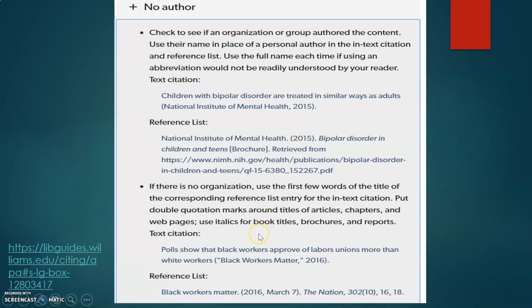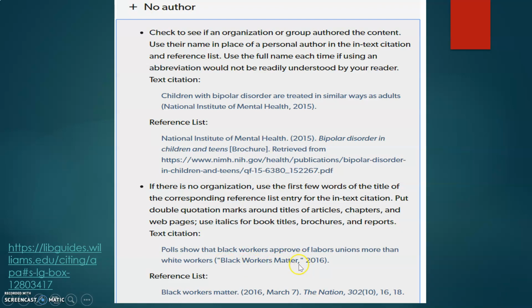If there is no organization, there is no writer, then you simply refer to the title of the source in the article, in your paper. This is how you write the title. You write the title in quote marks. You write it in title case, every first letter capital.